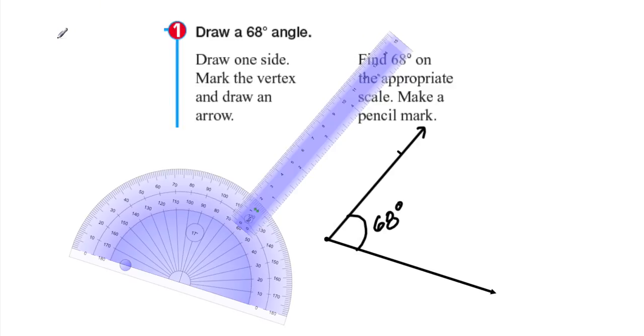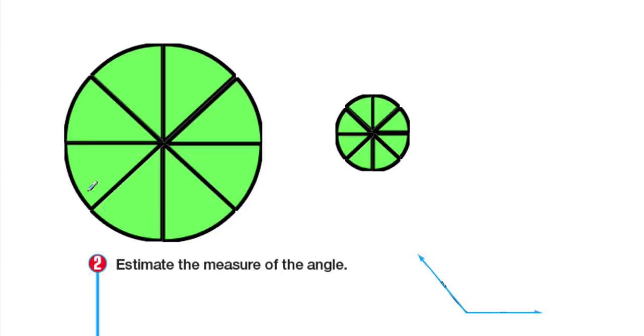Let's take a look at example number 2. In example number 2, we are going to estimate the measure of an angle. But before we estimate the measure of an angle, let's take a look at this circle. This circle is 360 degrees. That means this angle right here will give you 45 degrees.